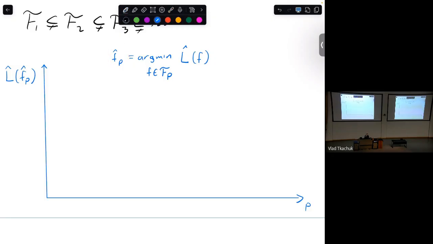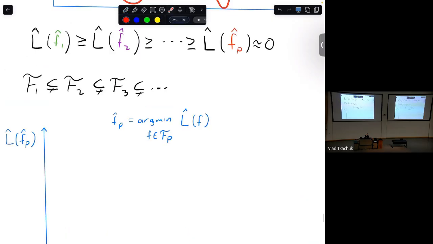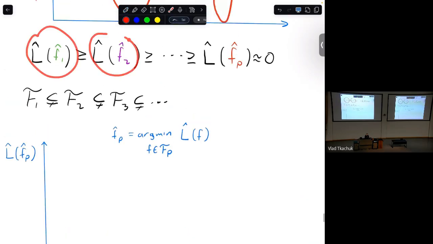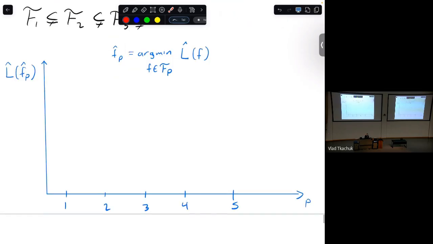And the observation is as follows, that we're going to have a plot that looks like this, which is, if we look at the different degrees, maybe this is degree 1 polynomial, this is 2, 3, 4, 5. What this expression up here was showing us is that we're going to keep getting smaller and smaller empirical risk.